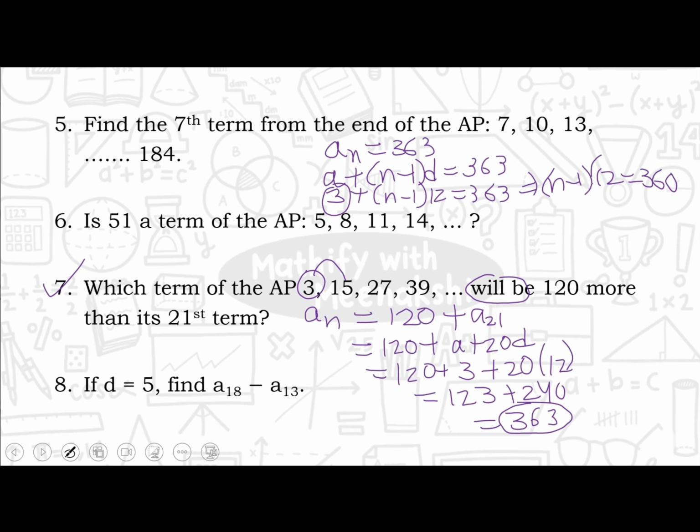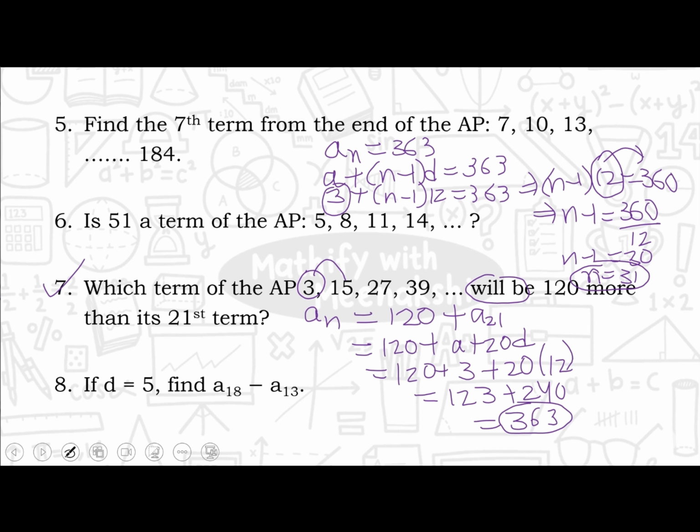Now you will transpose this 12 to that side, it becomes divide. So you can write n minus 1 is equal to 360 divided by 12. Now 12 into 3 is 36, so that means 30. n minus 1 is 30, so your n is 31. So you can say your 31st term will be 120 more than its 21st term.